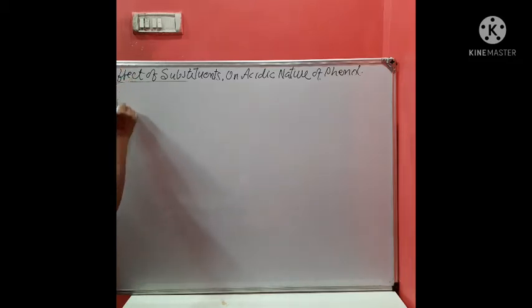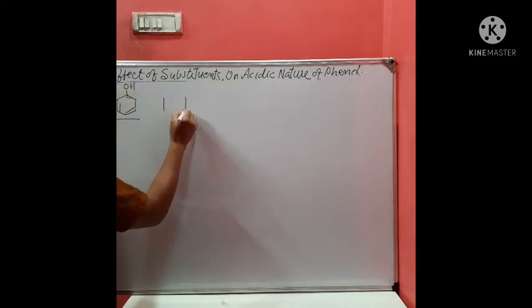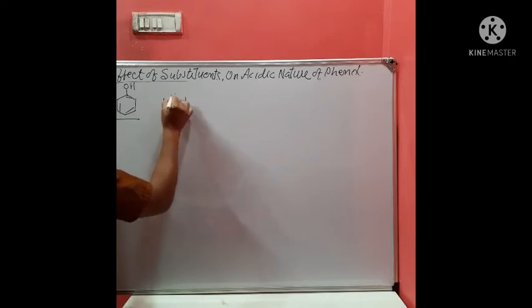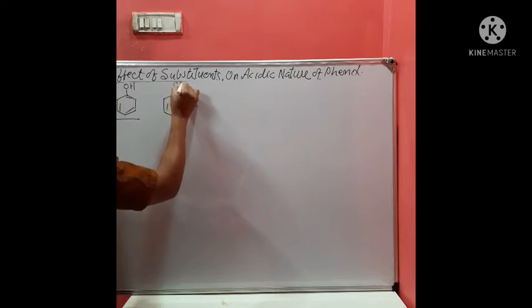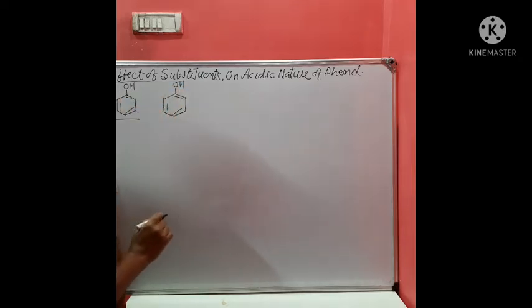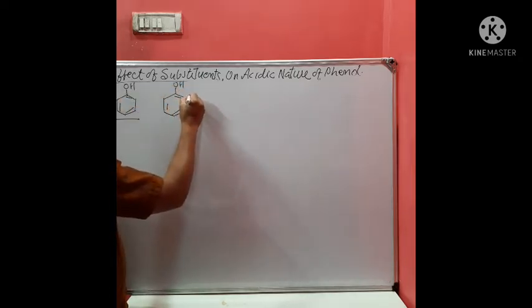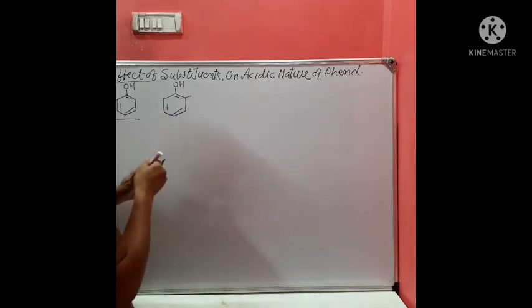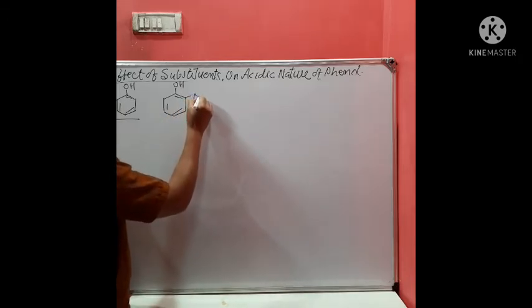Suppose we are having two types of compounds. Say this one is phenol, okay, and another compound will be phenol, but along with phenol some substituents are present, like NO2.